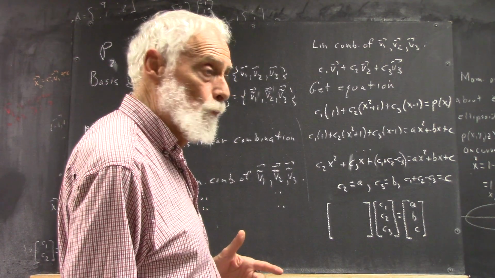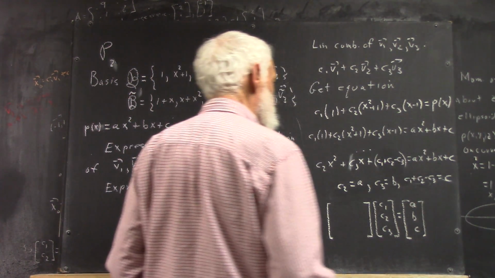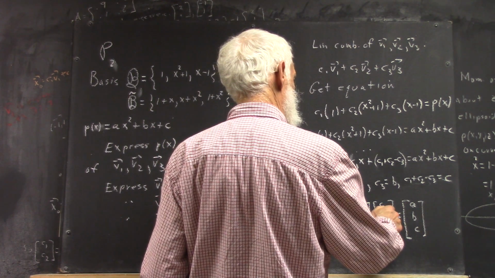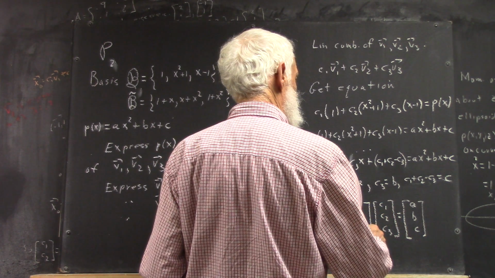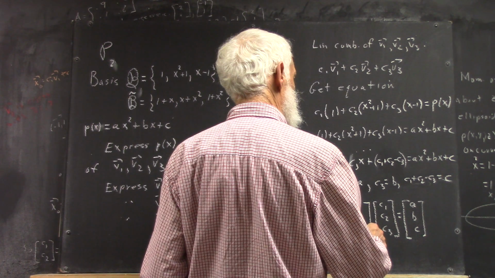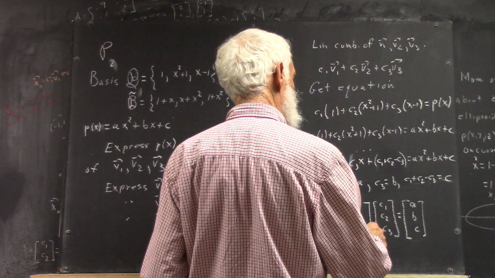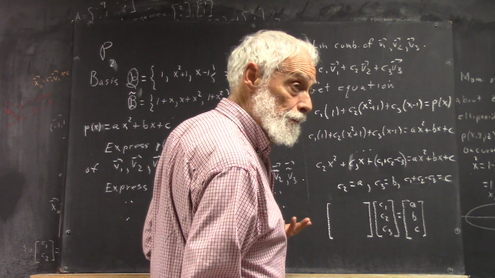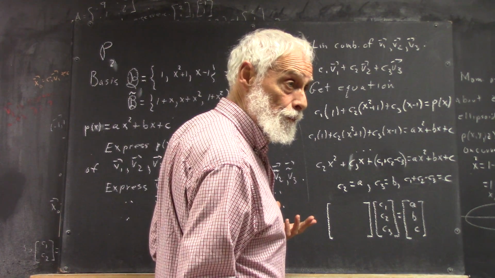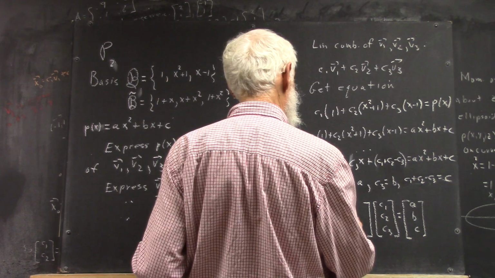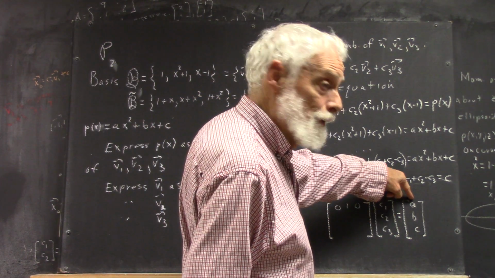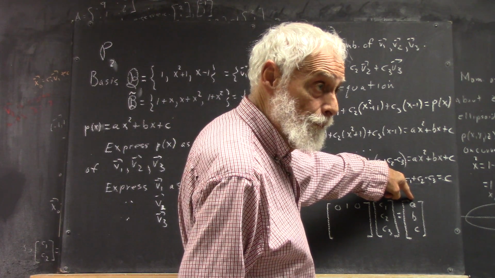Okay? And to put that in the form of a matrix equation, C2 equals A, okay? So our first row would be 0, 1, 0. That gives us C2, and that's going to have to equal A, right?